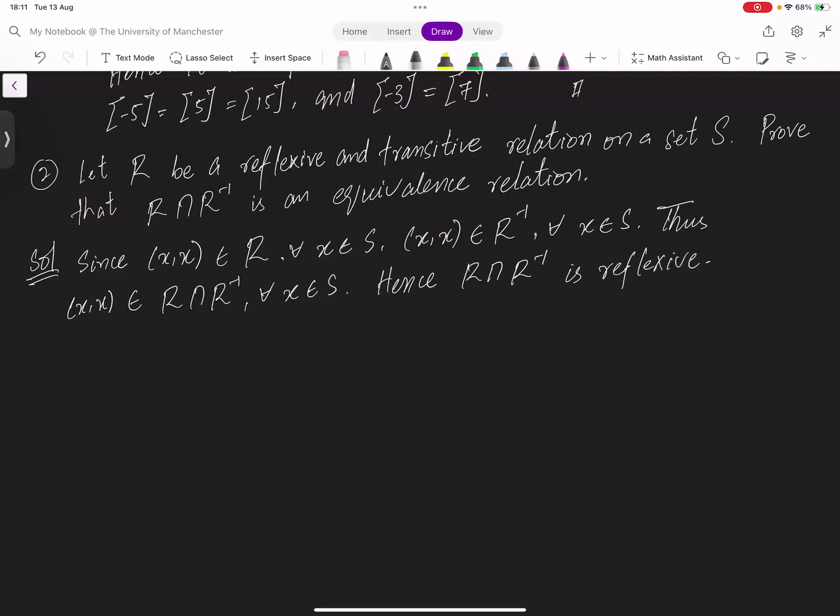Remember, to show it is an equivalence relation, we need to show that the relation is reflexive, symmetric, and transitive.